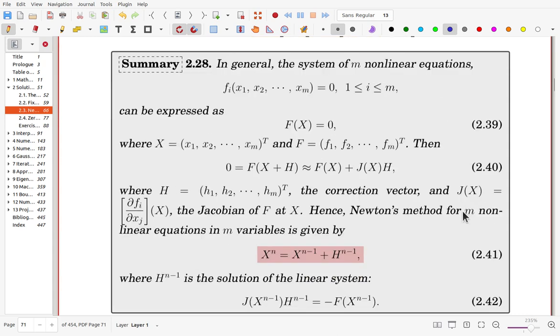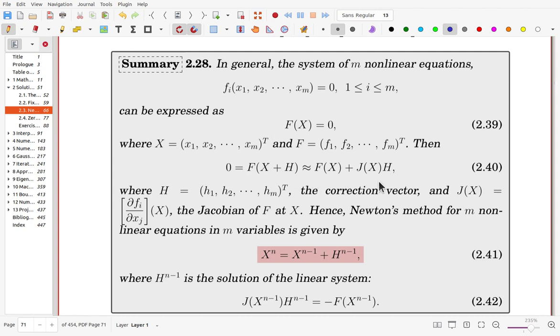And now in Newton method, we try to find the correction vector, and we make a Taylor expansion, ignoring the second order term, so that this correction vector can be found by solving this linear system.